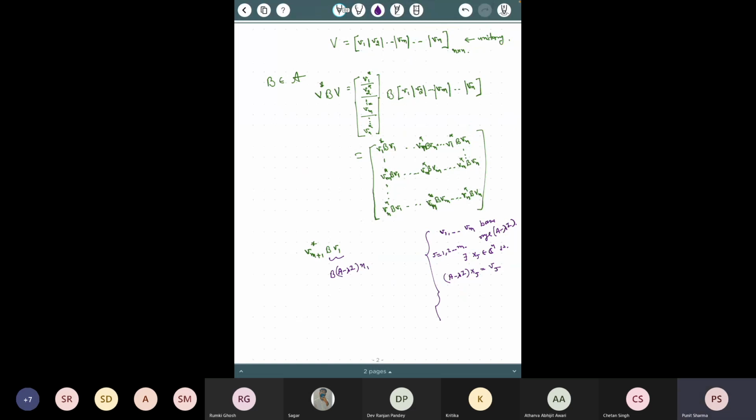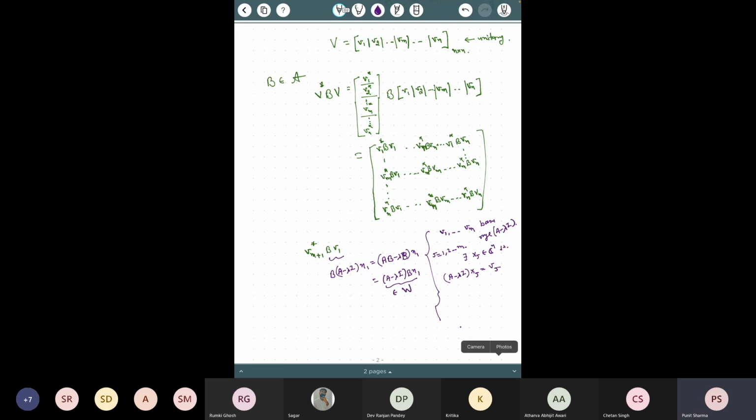But since A and B commute, this is the same as A minus lambda I times B x1, right? But what does it mean? It means that this is an element in the range space of A minus lambda I, so that means in W. W is the range space of A minus lambda I.